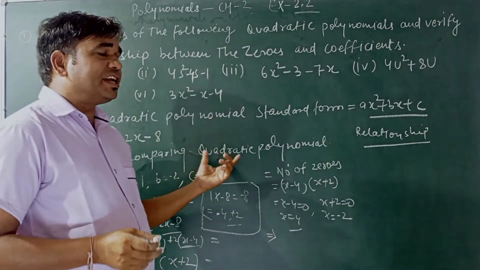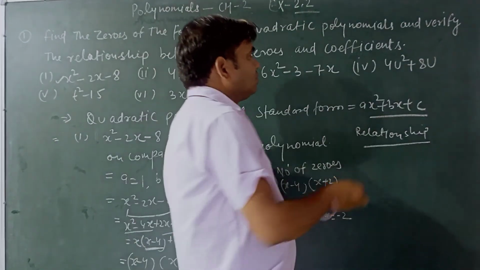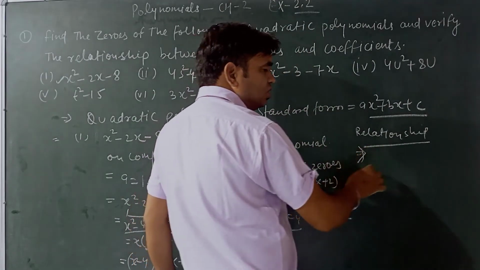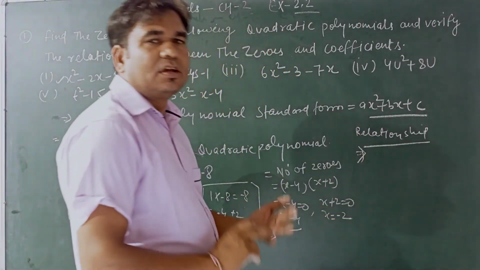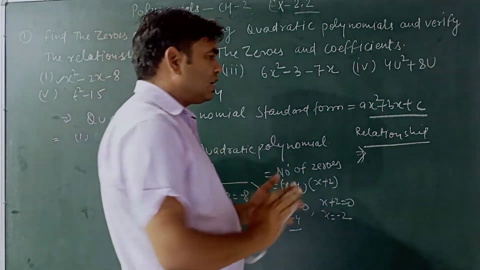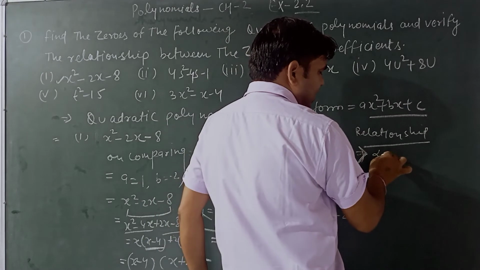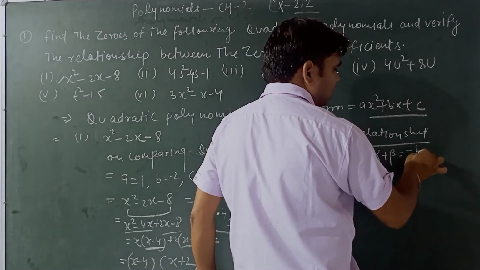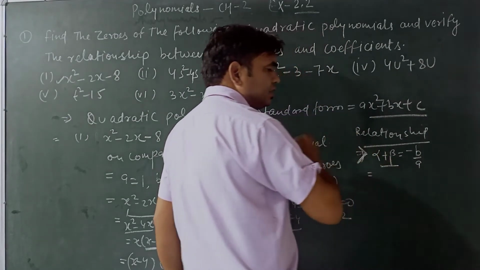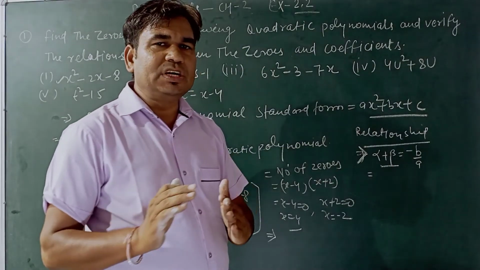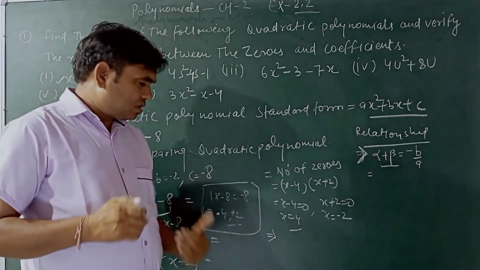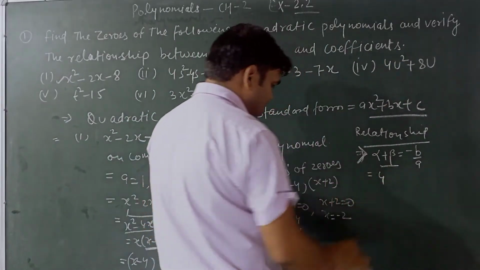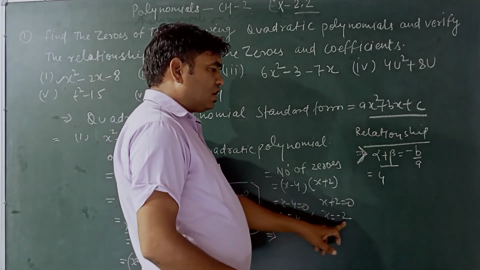You know that in a quadratic polynomial, if alpha and beta are the zeros, then the sum of the zeros, alpha plus beta, is equal to minus b over a. Here the two zeros are 4 and minus 2, so we take alpha equal to 4 and beta equal to minus 2.